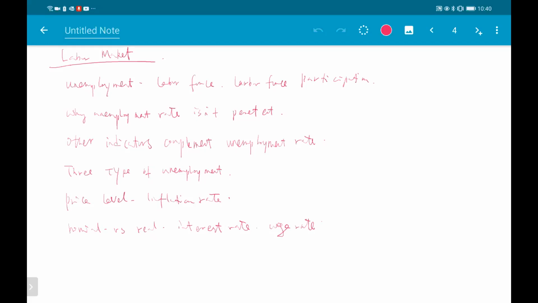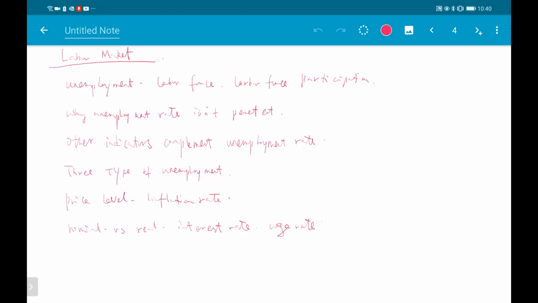And we also look at the reason why the unemployment rate isn't a perfect indicator, right? Because the unemployment rate doesn't capture marginally attached workers, discouraged workers, and underemployed workers. The unemployment rate also doesn't tell us the quality of jobs, right?